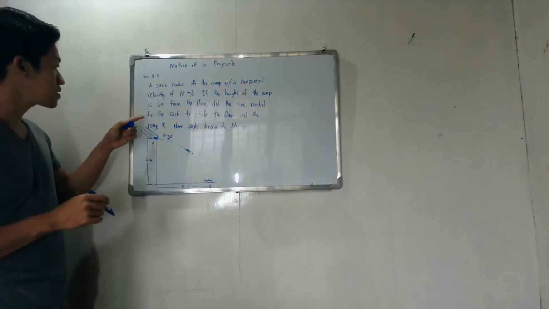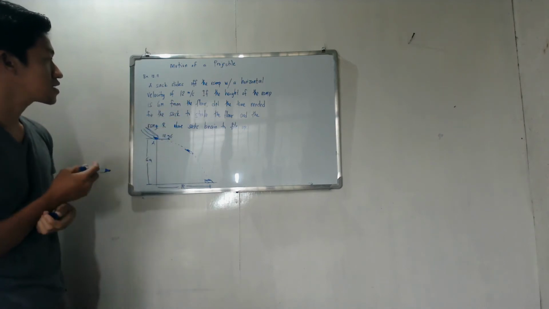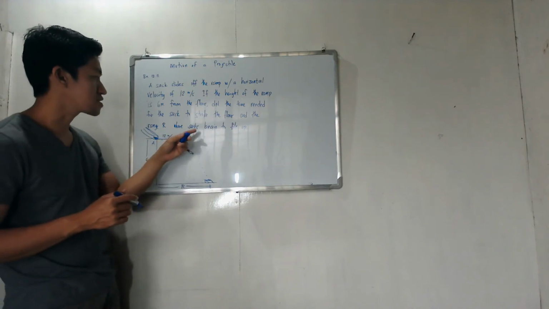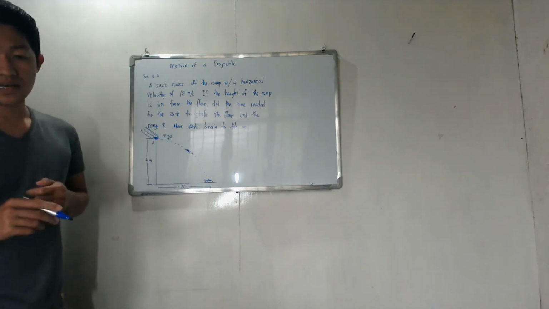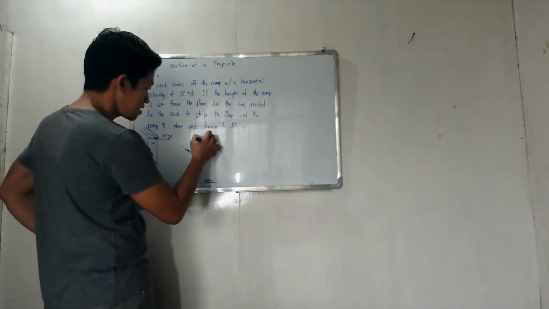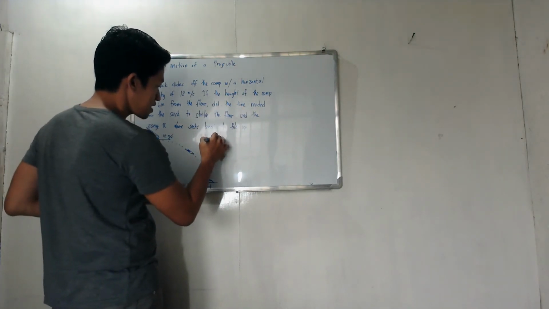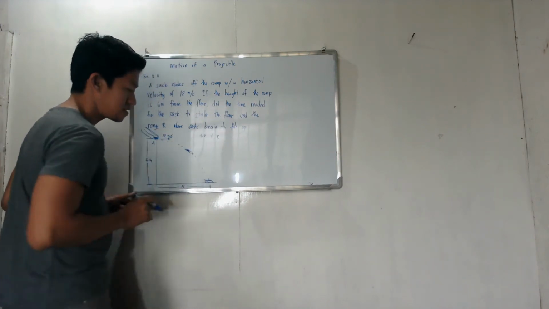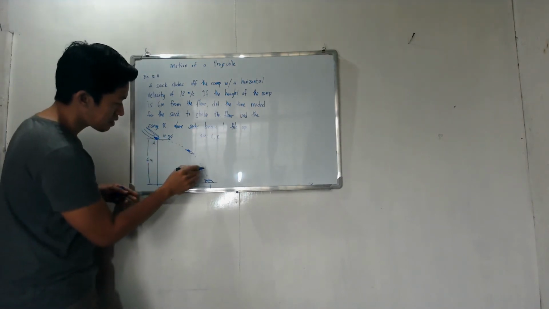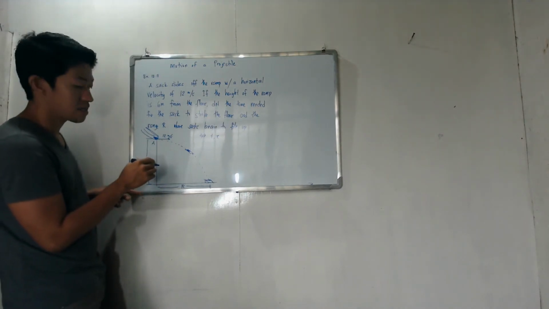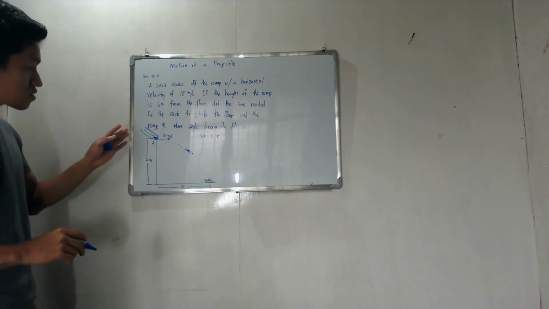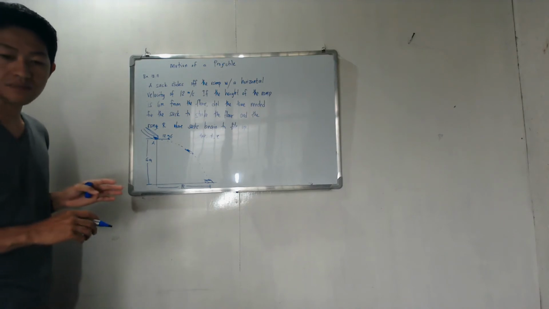If the height of the ramp is 6 meters from the floor, determine the time needed for the sack to strike the floor, and the range R where the sacks begin to pile up. So you have two things to find: the time and R. The first thing is to establish your coordinate system.